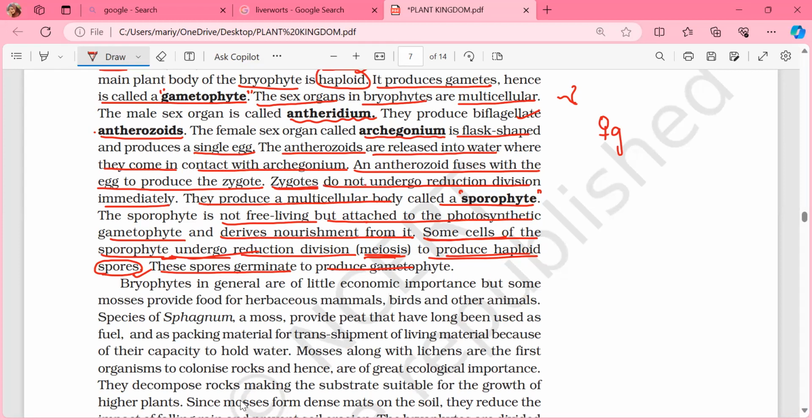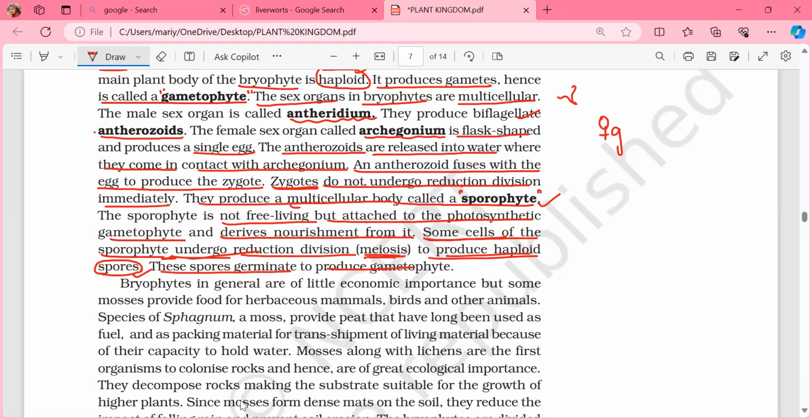The zygote does not undergo reductional division immediately. Full stop. The line is over. They are saying that the zygote, which is supposed to undergo reductional division, is not undergoing it immediately. Rather, it is forming a multicellular body, which is known as sporophyte.